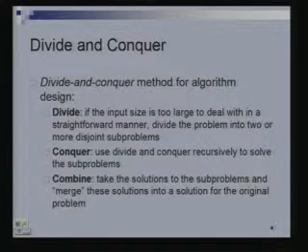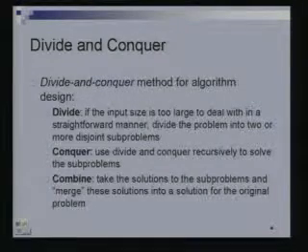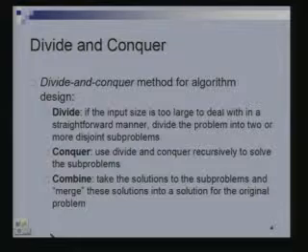Then you recursively solve the problems on those parts. That is called the conquer step. When I say recursively solve, how do you solve the problems on those parts? By once again dividing them into smaller parts and solving the problems on those smaller parts, and so on. Use the same algorithm to solve the problem on the smaller pieces, and once you have the solutions for the smaller pieces, you need to somehow combine the results to get the solution for the original problem.